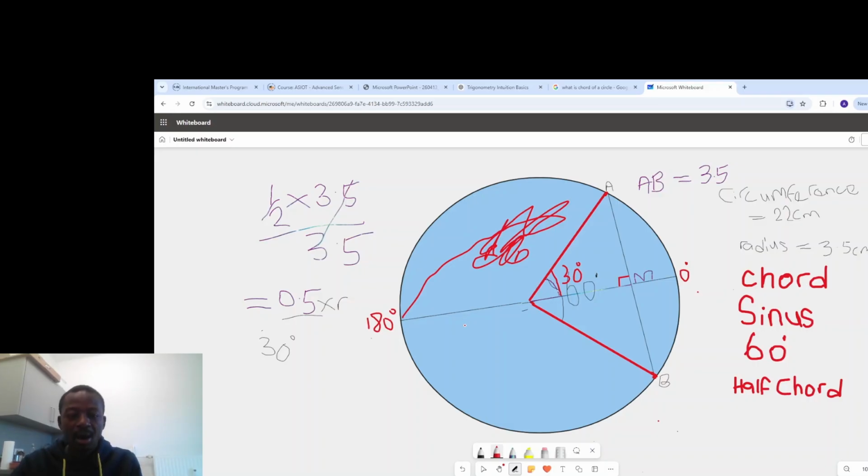And on the other side, for any angle greater than 180 degrees, when you take the sine, you would get a negative answer. And that also tells you the position of that point. It's telling you that that position is below the horizon. That is the intuitive meaning of sine.